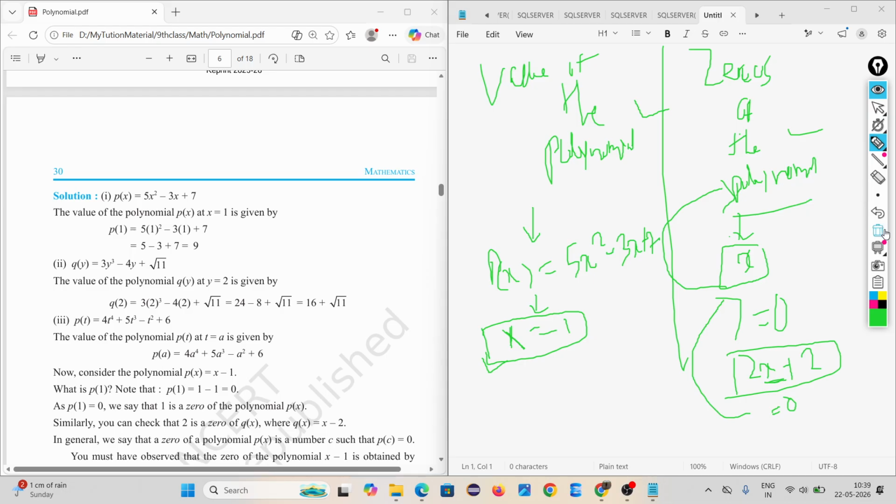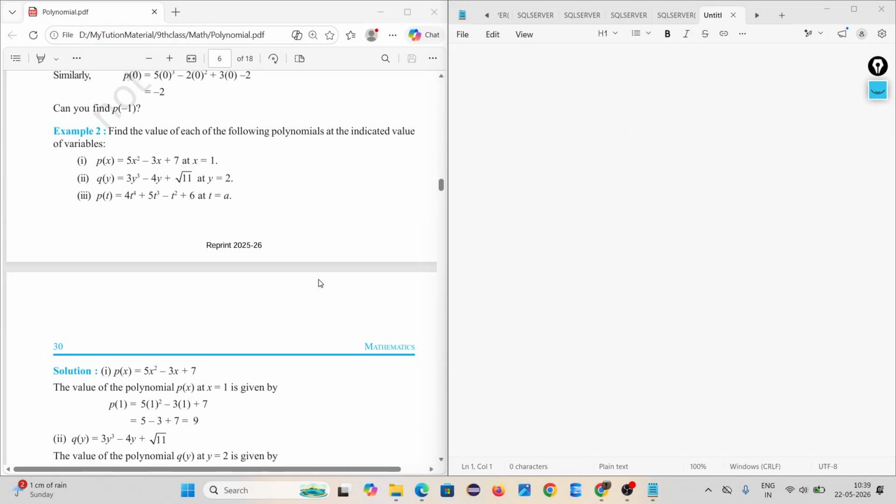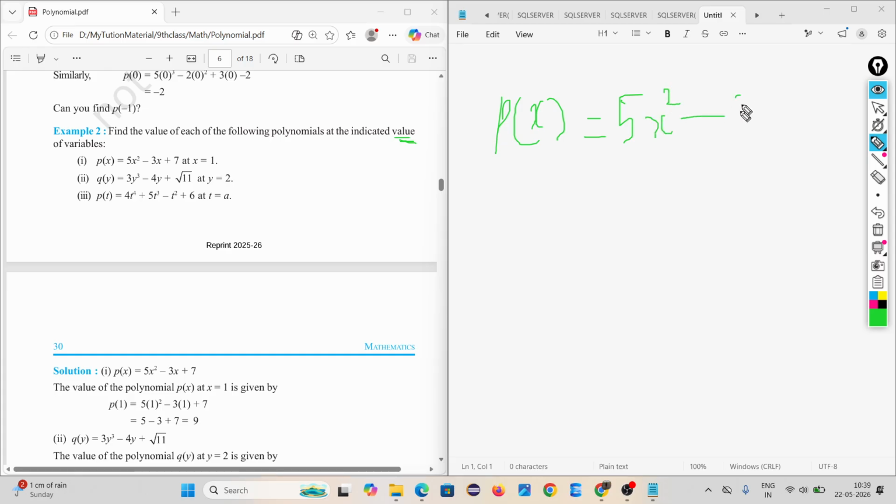Look, I am doing one, you will get more clarity. First question: there is a polynomial. Here it says value, you have to find the value, not zero. The polynomial of the x variable is 5x square minus 3x plus 7, and they also give x equal to 1.